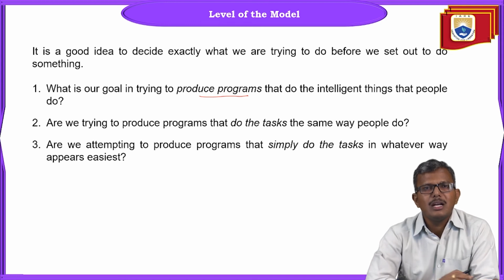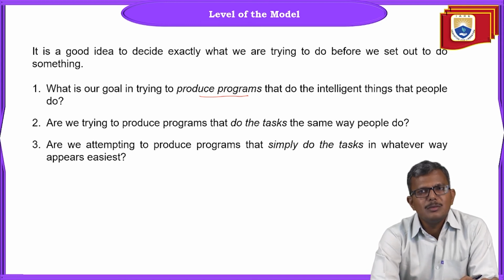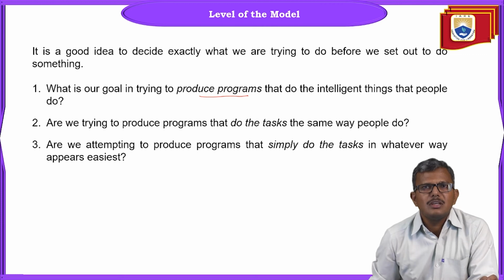And also, are we attempting to produce programs that simply do things in whatever way appears easy? Means, are we going to develop programs that exhibit artificial intelligence, the smartness that humans show nowadays in problem solving? Are we going to attempt something that can give us an optimized solution? Okay, so this is the level of the model we need to think of.